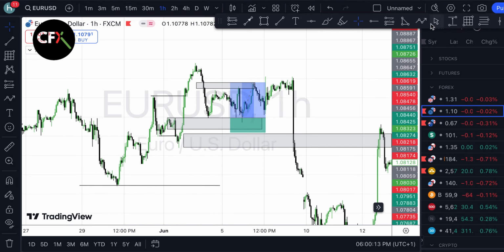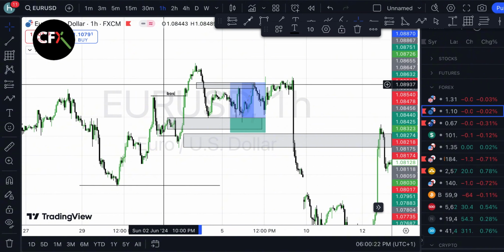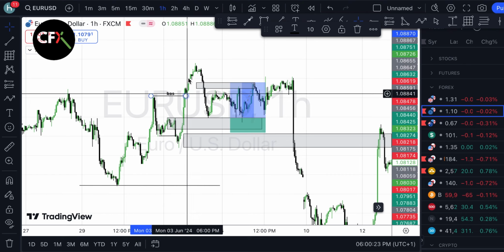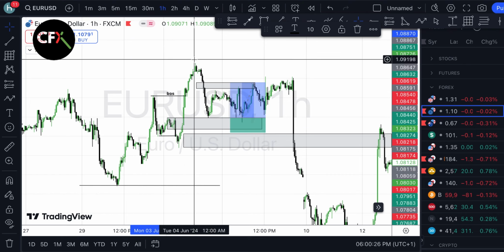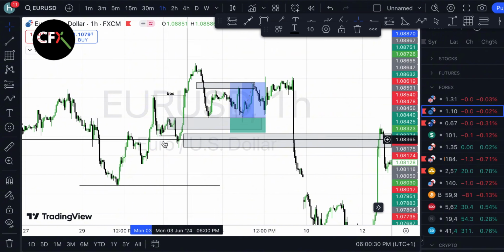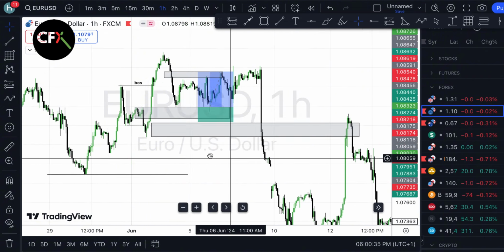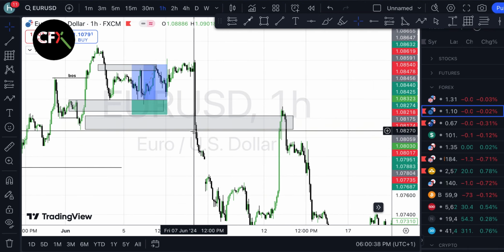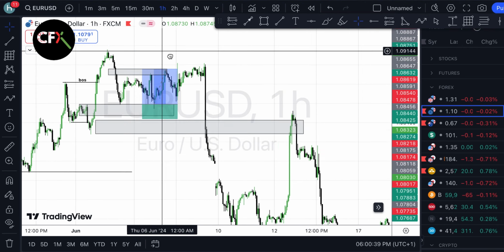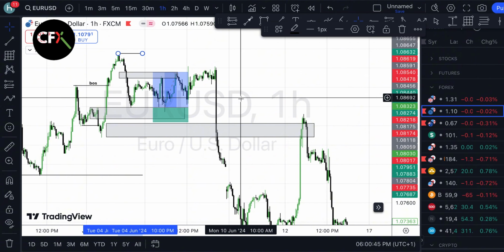So you can see here on this chart that price did a break of structure here. See, price did a break of structure here, boom, and we expect price to come to our order block here before buying and taking out this nearest draw of liquidity here.